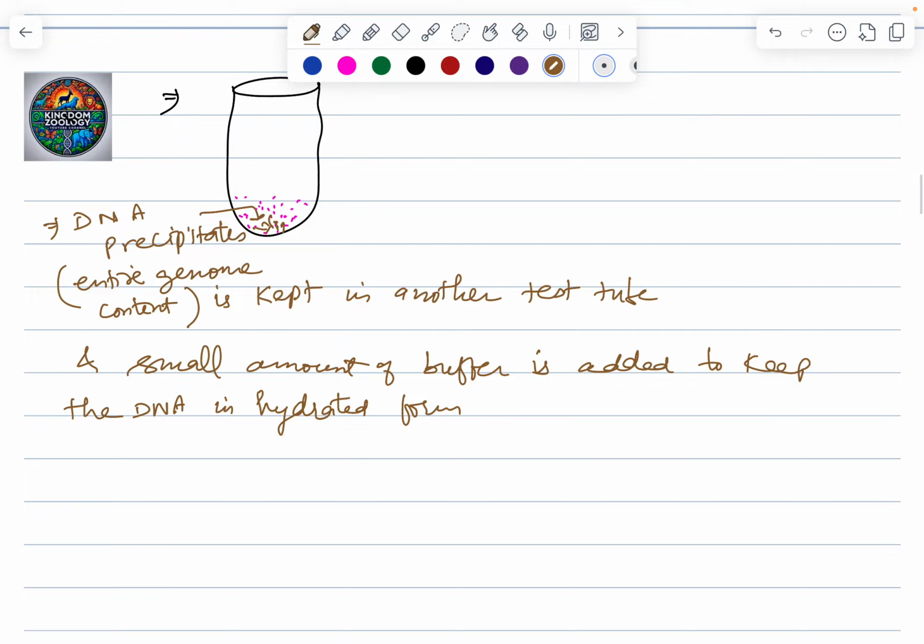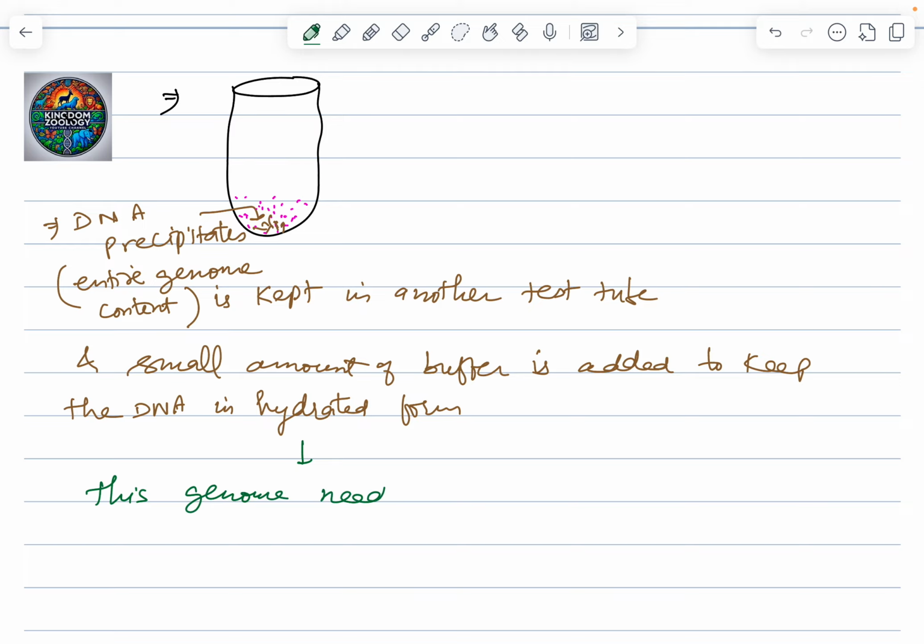So my next aim is now digesting or breaking down this genome. This genome needs to be digested or broken into what? Fragments.